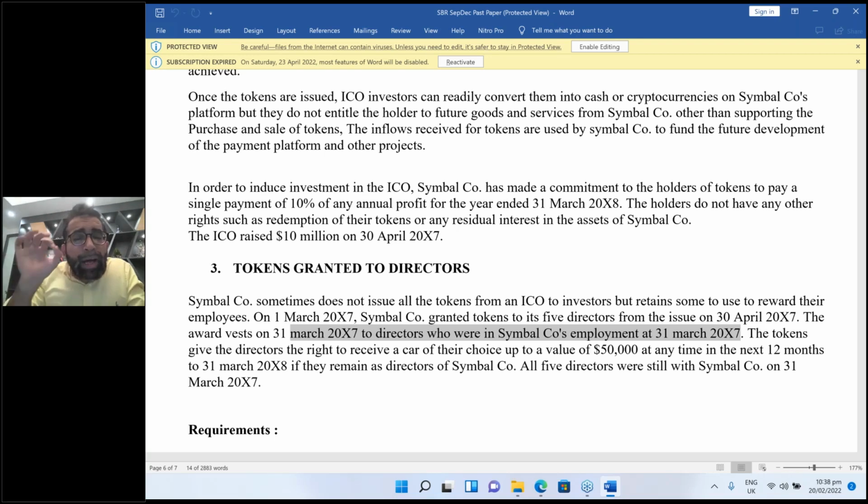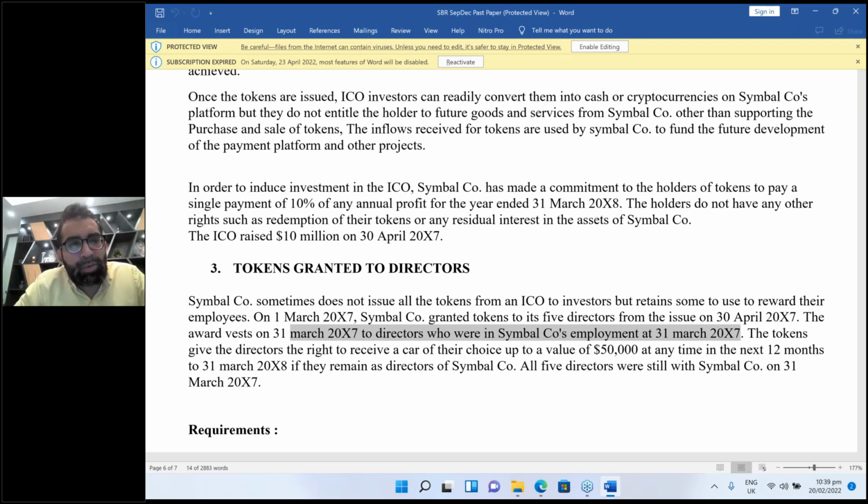So now you are providing a short-term benefit to your employee. What is a short-term benefit? Hope you studied IAS 19, in which the benefit is to be provided to employees within 12 months of the reporting date.